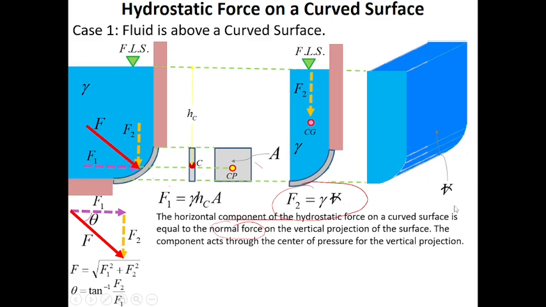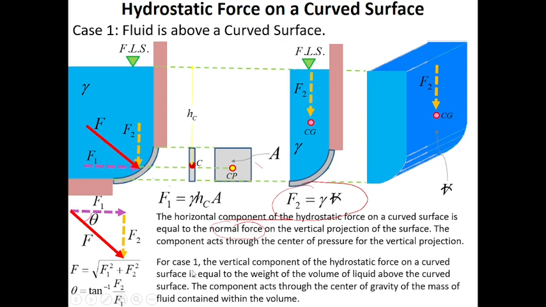So, this is the volume, and this is the force, which is equal to the weight of the liquid above this curved surface, acting at the center of gravity of this volume. Okay, so this is true for case 1. The vertical component, which is F2, of the hydrostatic force on a curved surface is equal to the weight of the volume of liquid above the curved surface.